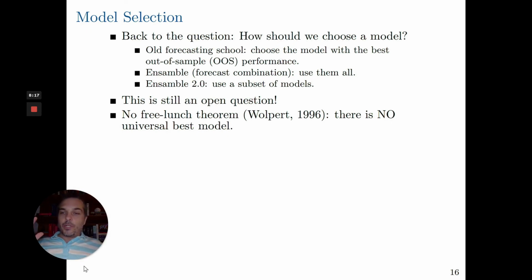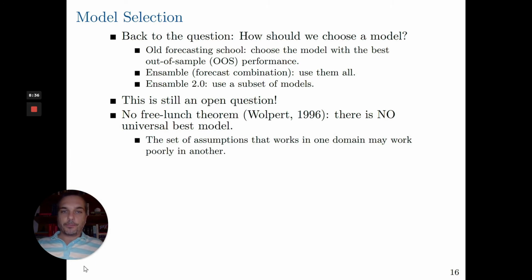One model can work very well in one situation and very poorly in another. There's not a single modeling strategy that will work fine in all possible cases. That's just impossible. It just doesn't exist.